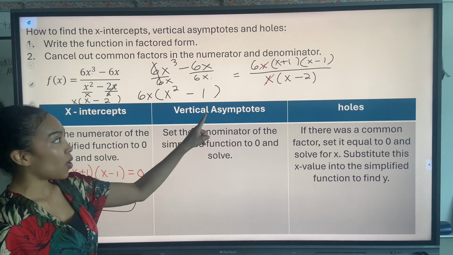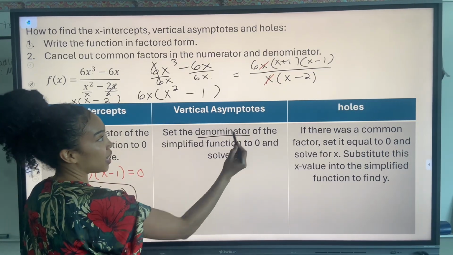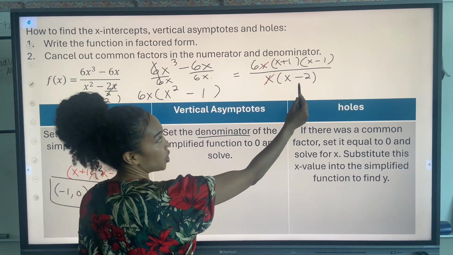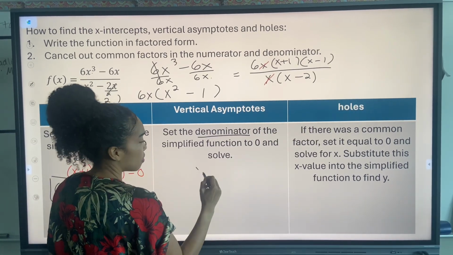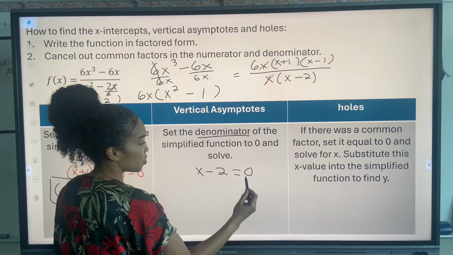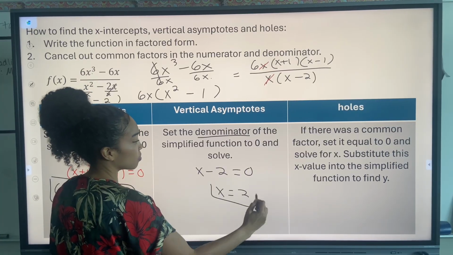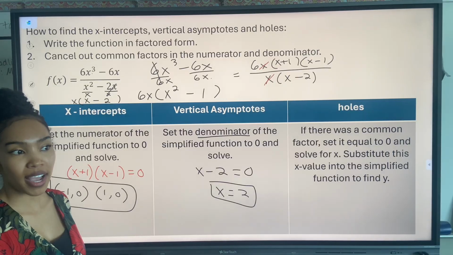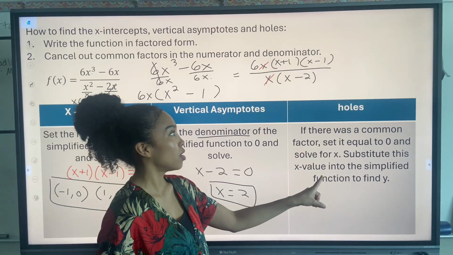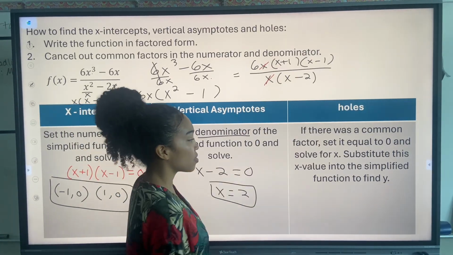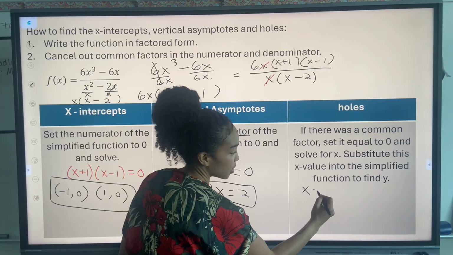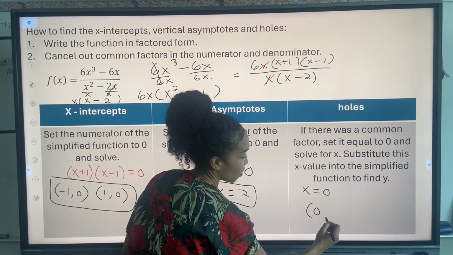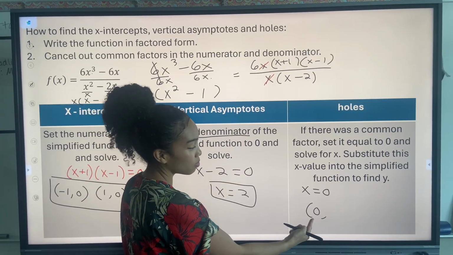To find the vertical asymptote, you set the denominator equal to 0. So this is your denominator. Set it equal to 0, solve, you'll get 2. Finally, the hole. We canceled out an x. So whatever you canceled out, you set it equal to 0. Okay, so that's the x value of the hole.